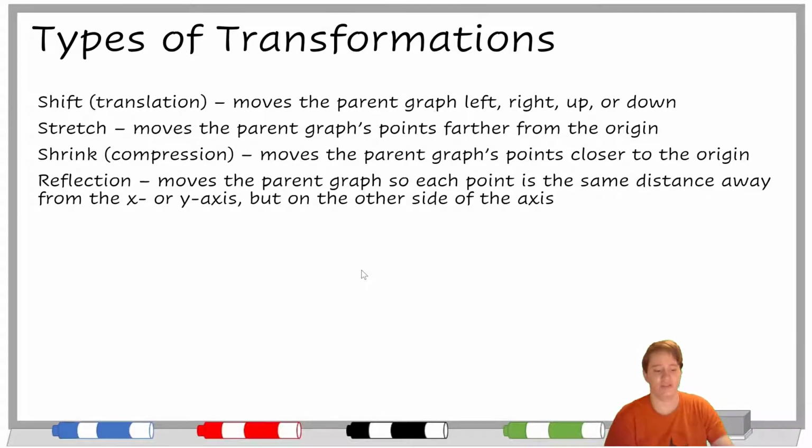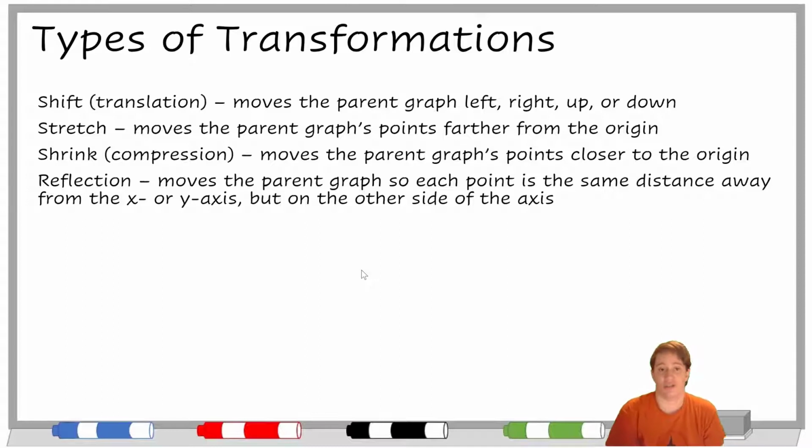The next two are in the same category of transformations, stretching and shrinking. What stretching or shrinking, or compression, which is another word for shrink, does is move the graph's points either farther from the origin or closer to the origin. I actually probably should have said vertex, because if we've shifted around, then the vertex might not be at the origin anymore.